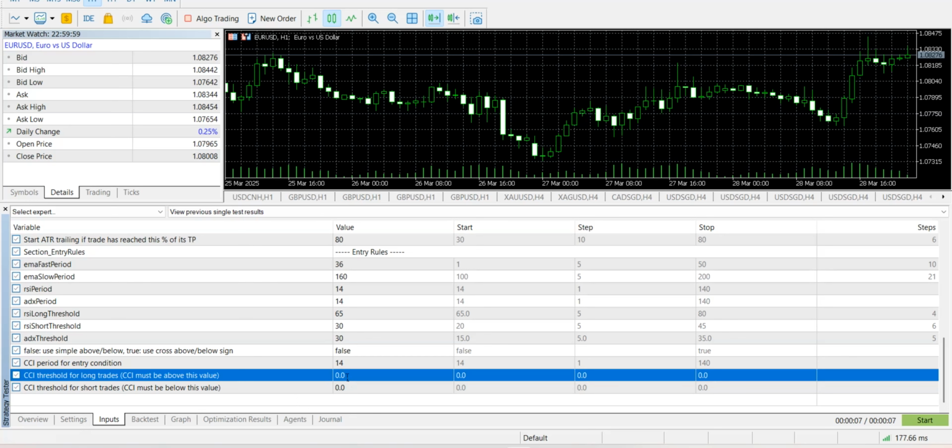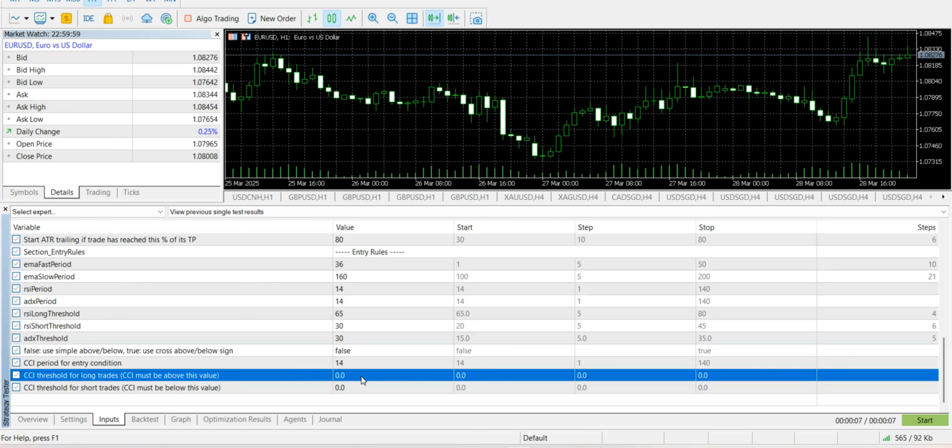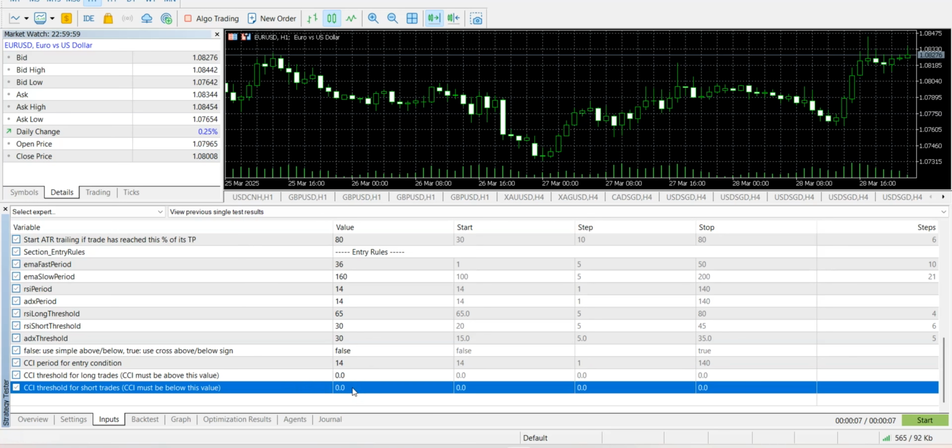So here we can add for the long trades if it needs to be above 200 or something like that. And here, as the CCI is of course an oscillator, and most of the time people are using between minus 200 and plus 200. Based on Google, even between minus 100 and plus 100, but those are not extreme enough, I think, to use.